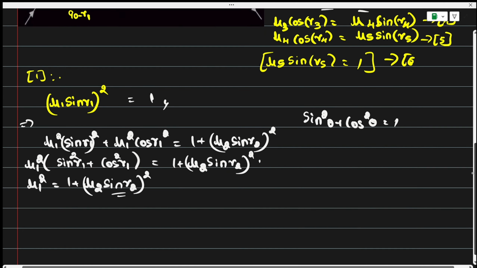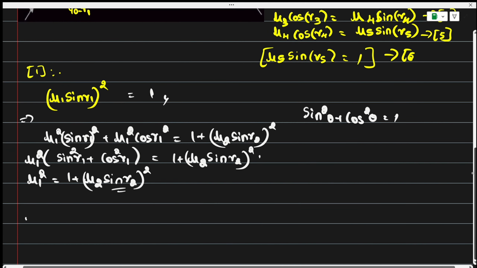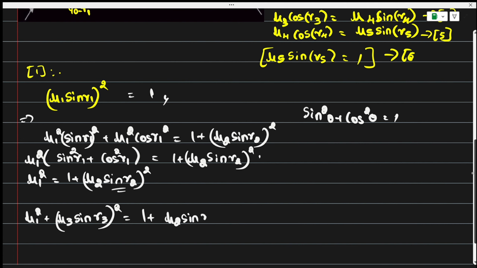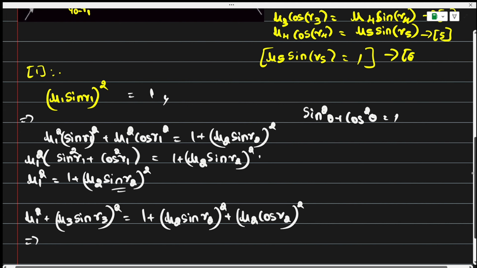By turning this equation to the left hand side, I will be getting mu1² plus (mu3 sin r3)² equals 1 plus (mu2 sin r2)² plus (mu2 cos r2)². So I will be getting mu1² plus (mu3 sin r3)² equals 1 plus mu2².